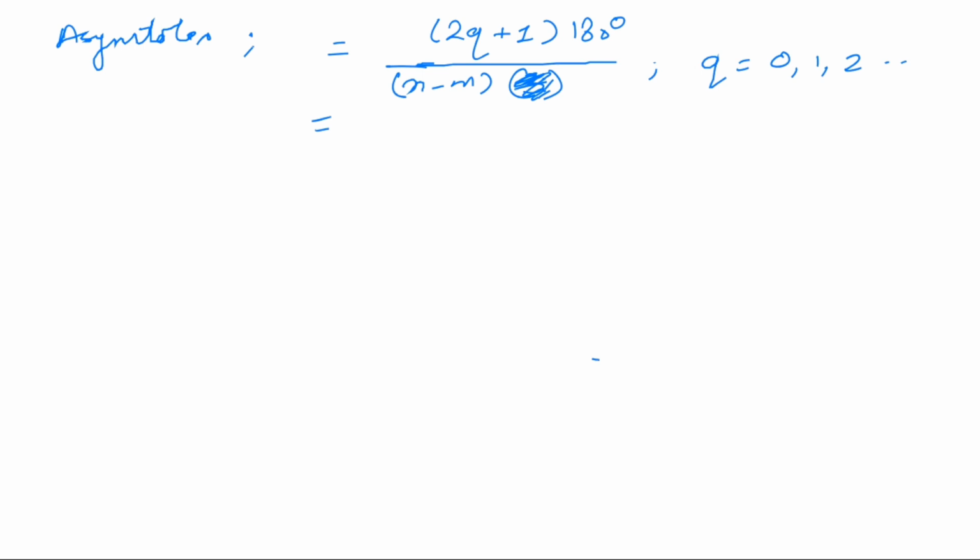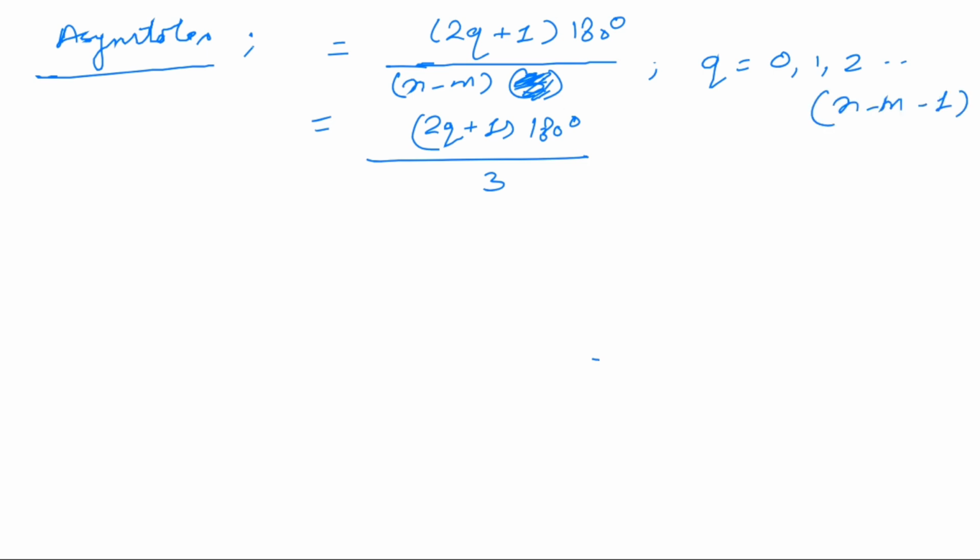For the given transfer function, n minus m is 3, so this becomes (2q plus 1) times 180 divided by 3. For the given transfer function, q will vary from 0 up to 2.